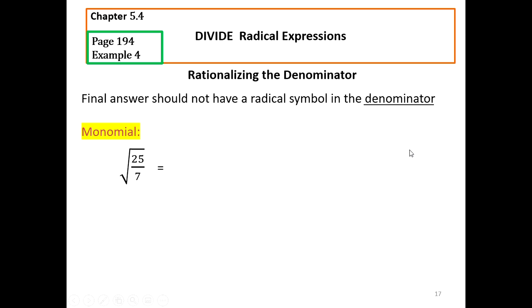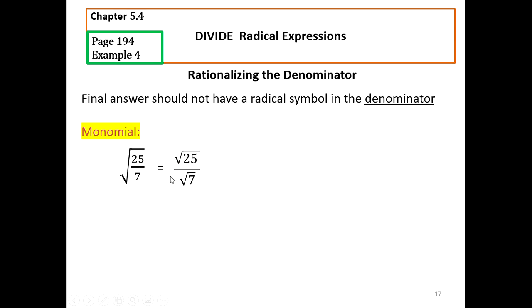We're now going to talk about rationalizing the denominator. Your final answer should not have a radical symbol in the denominator. The same way we can't have a 0 in the denominator, you cannot have a radical symbol in the denominator. So we work the problem, same way as we did before.